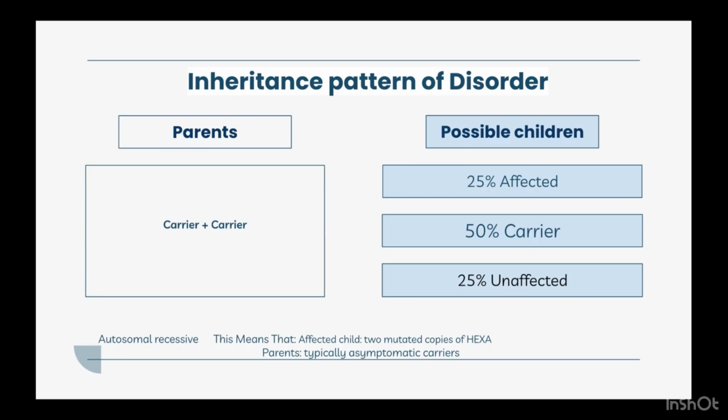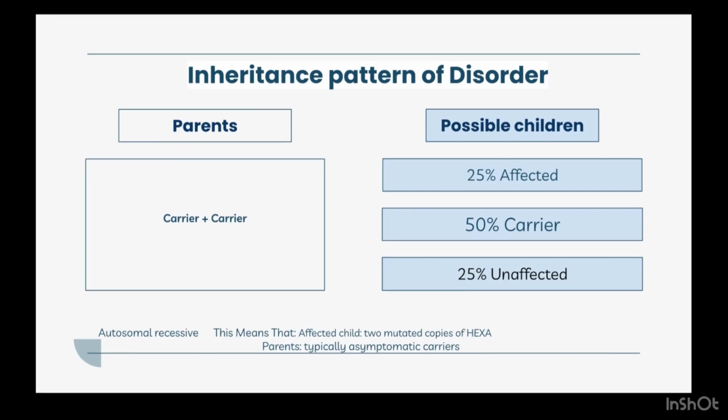These probabilities are the same for all pregnancies. This inheritance pattern has important implications for the family, because it will often encourage them to make informed reproductive decisions and get checked. Thank you.